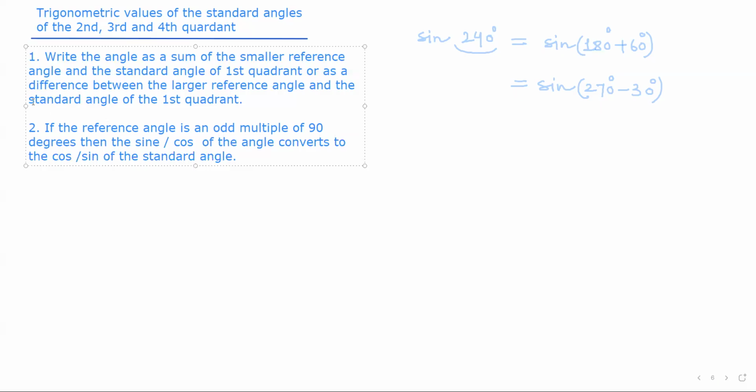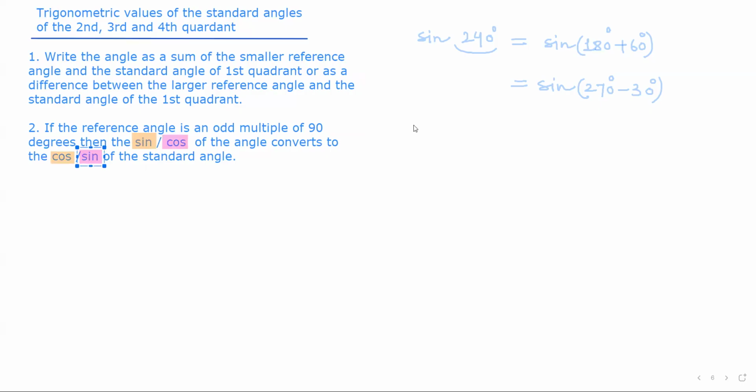If it is cos instead of sine, the same thing changes. Sine and cos of the angle convert to the cos or sine of the standard angle. I'll just highlight this: sine will get converted to cos, and cos gets converted to sine.